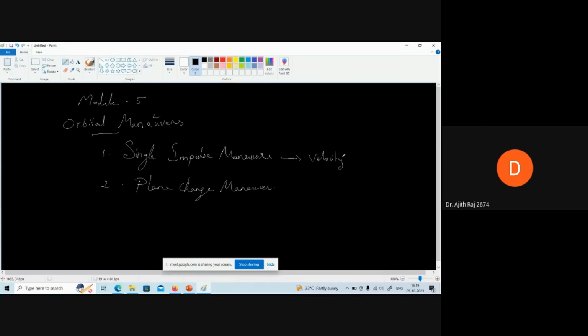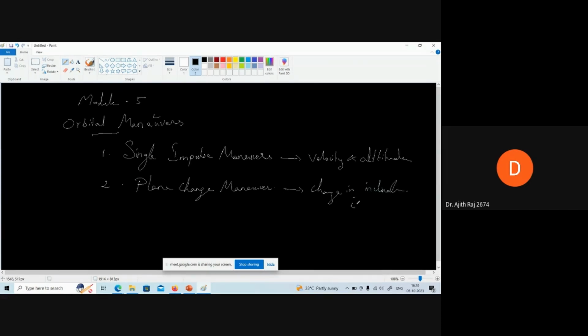You will be changing the speed of the satellite as well as the altitude of the satellite. You may take it up or down, depending upon the situation, and you can increase or reduce the velocity based upon the requirement. The other is with respect to the change in inclination angle.